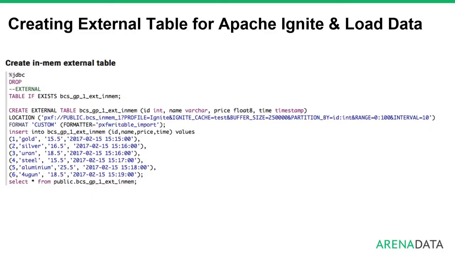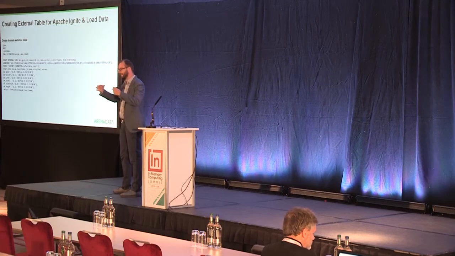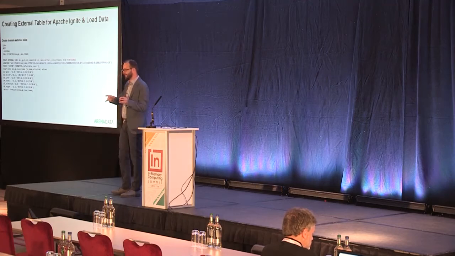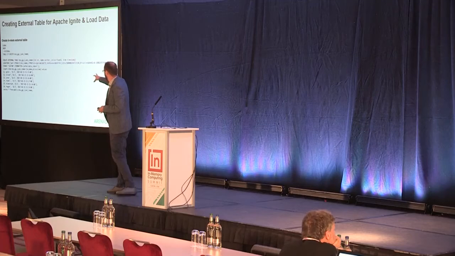In the second example, we're creating a writable external table inside Greenplum, which creates the in-memory cache in Apache Ignite with the following configuration, as I showed you before, with the appropriate name of the buffer cache, the size of the buffer, and we added the feature of creating partitioning. This partitioning is by ID in range 10, so it's 10 partitions. And we just insert the data from Greenplum to Apache Ignite and query the data.